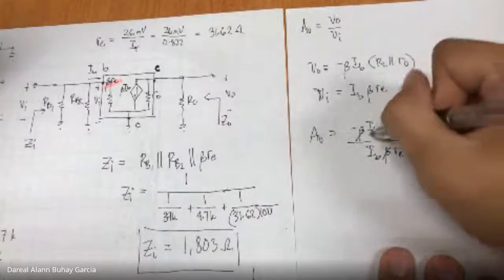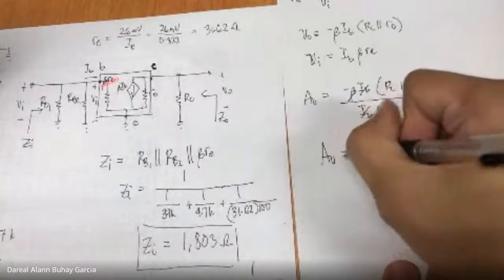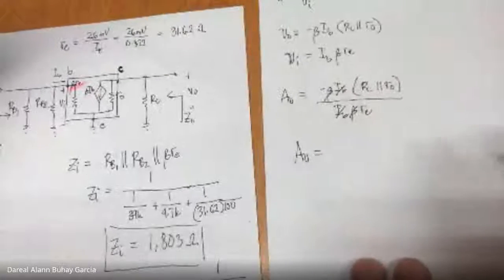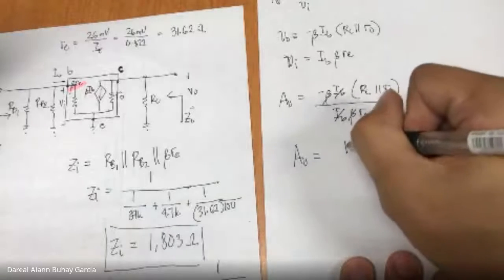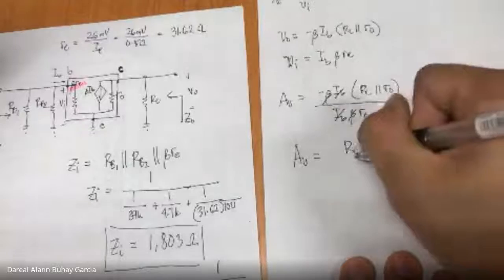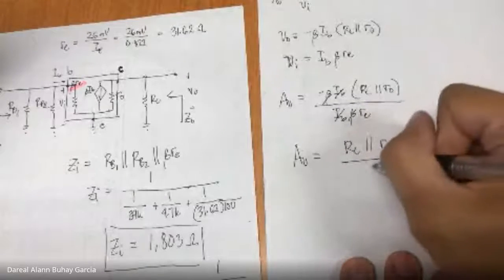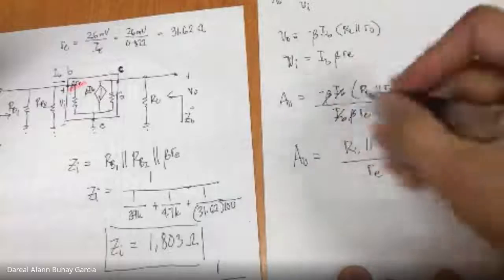Cancel si beta, cancel si IB. Therefore, voltage gain is equal to ratio sa resistances lang. RC parallel RO all over RE. Negative.